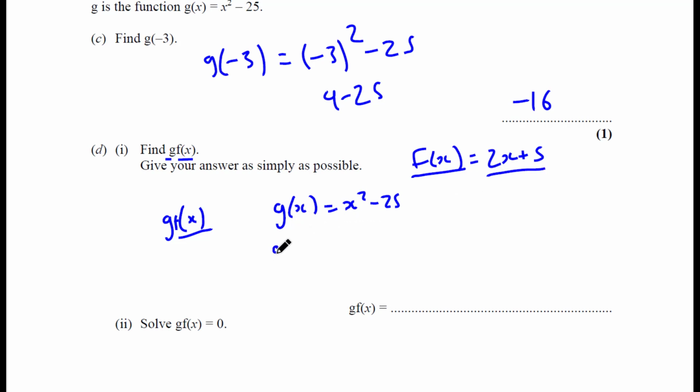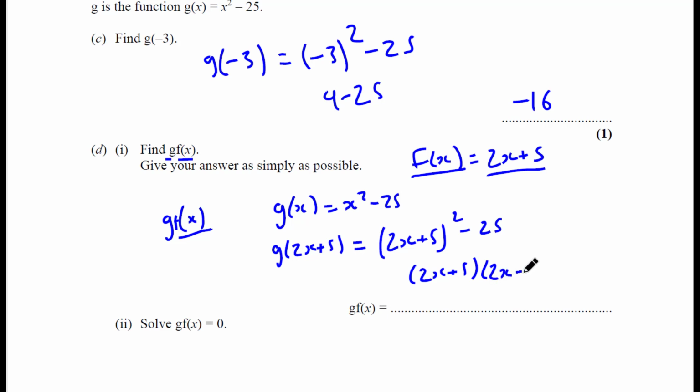So that's going to be 2x plus 5 all squared minus 25, and it might help you expand that if you do this. And I know that answer is 4x squared plus 20x plus 25.